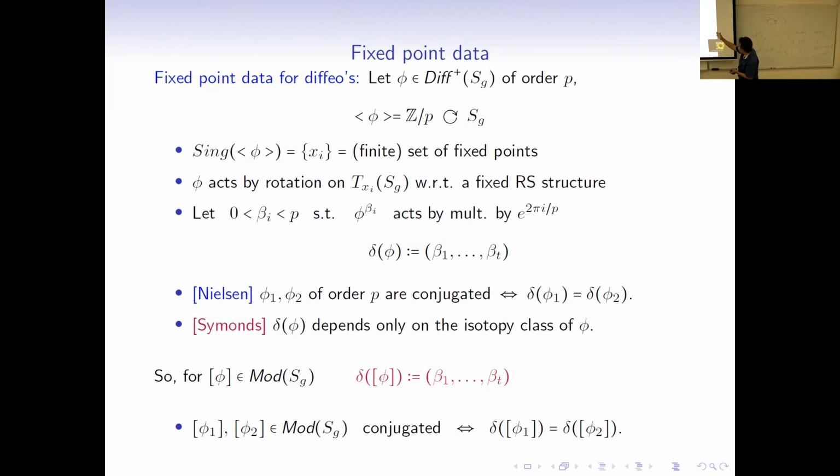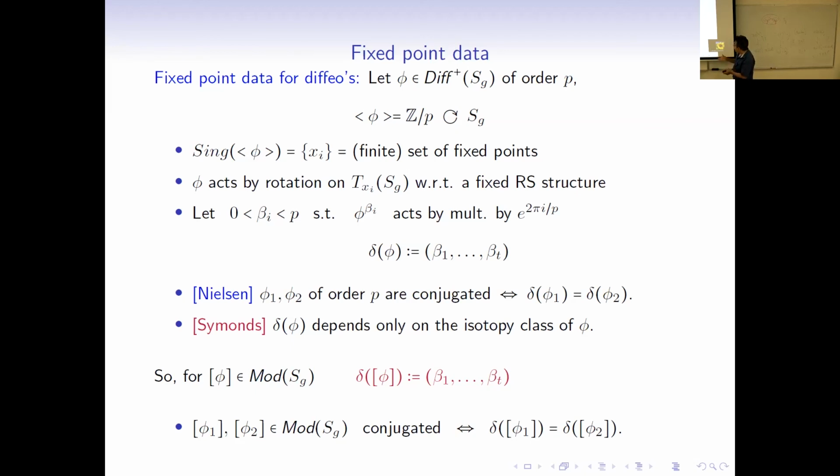So these powers beta_i give you an unordered tuple. It's an unordered t-tuple, and these are known as the fixed point data of a diffeomorphism phi.